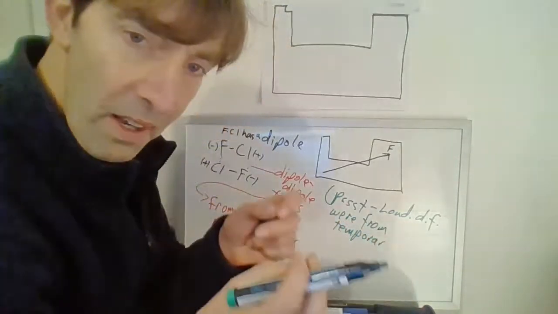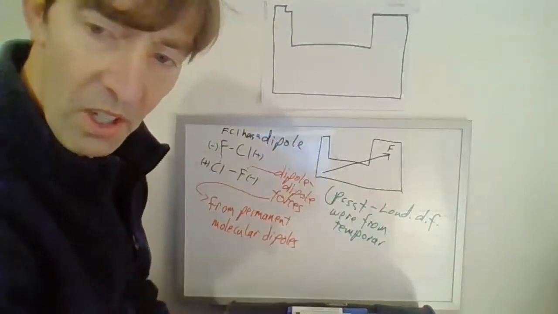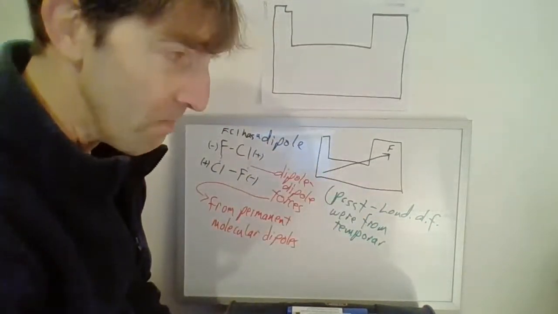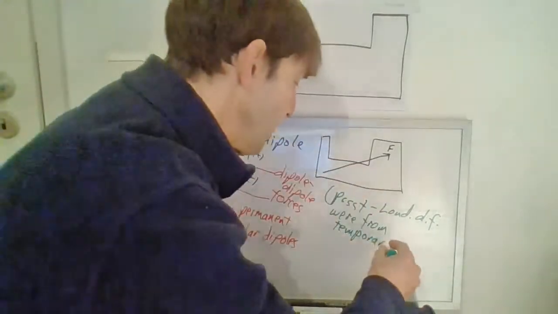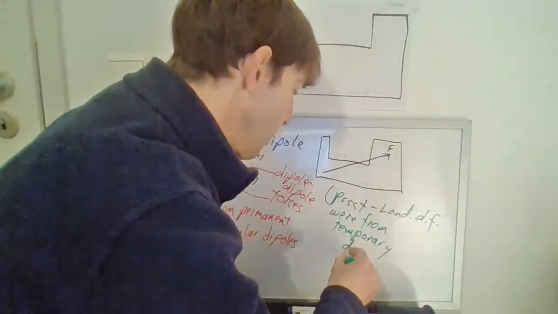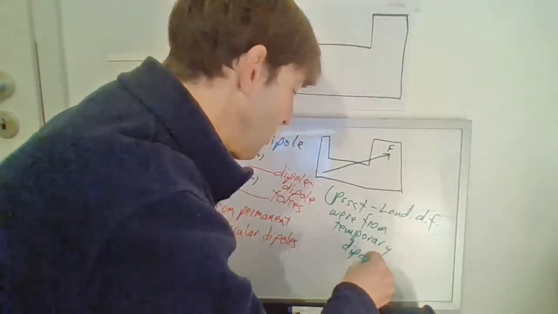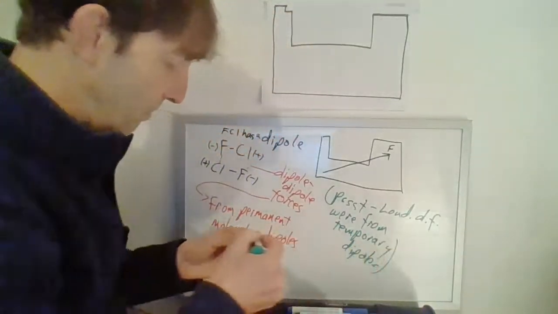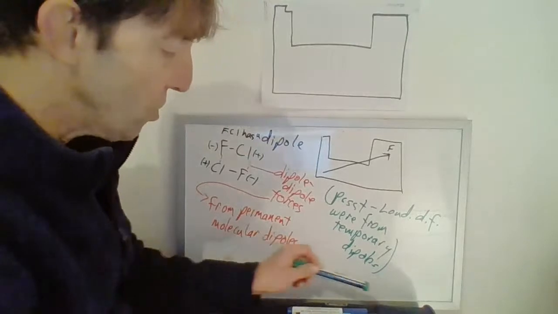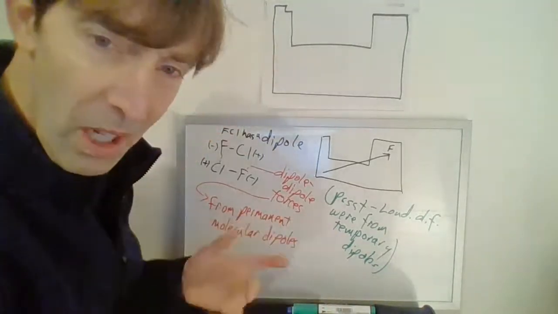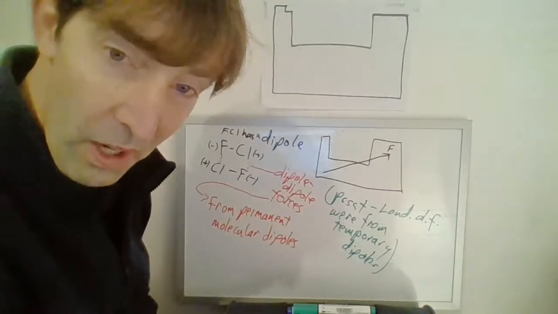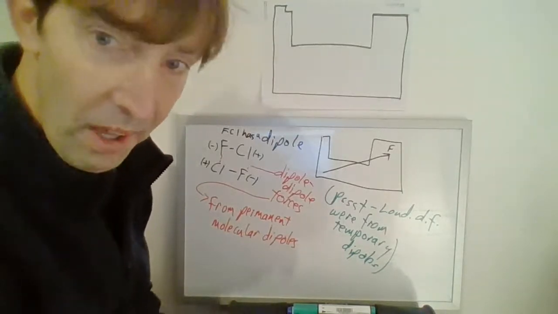Remember, they form and then disappear, form, disappear based on their clouds of electrons just moving one way or the other. And okay, so those two types of forces are different. Now, sometimes one is stronger, sometimes the other. It just depends on the situation. So I can't tell you, oh, that's always stronger.